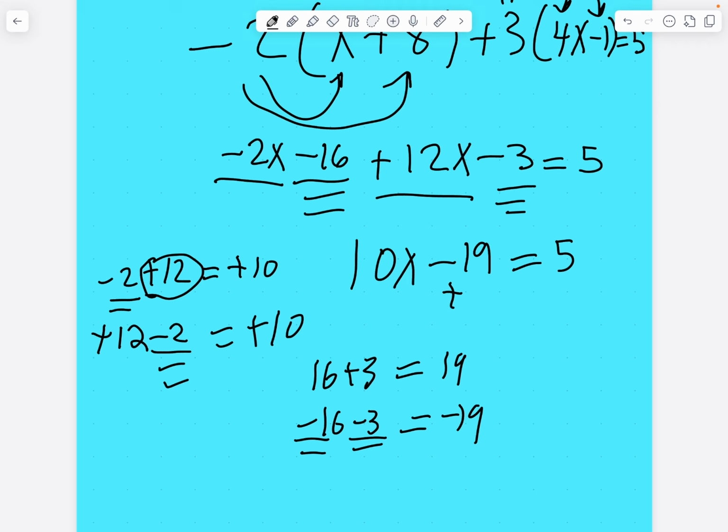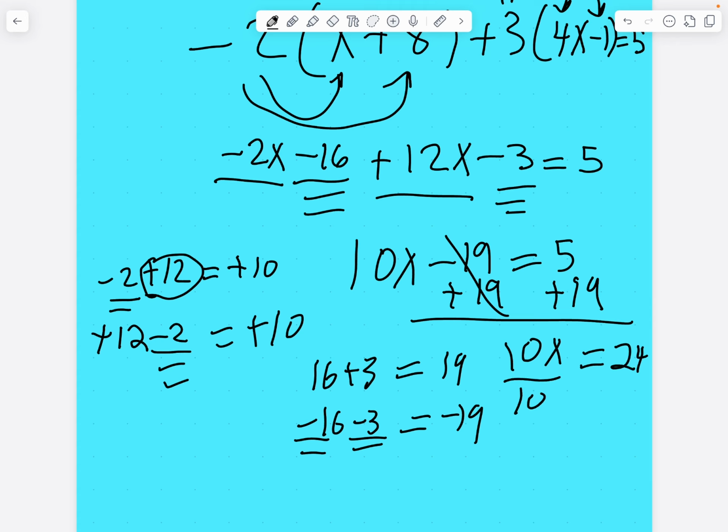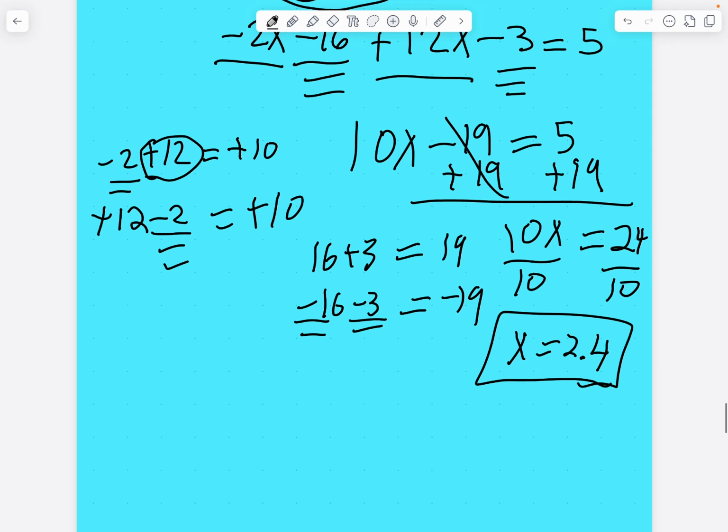So I'm going to add 19 on both sides to get rid of it. So now I have 10x equals 24. I'm going to divide both sides by 10 to know what x is specifically equal to. And I got 2.4. I've solved for x here just because I didn't have something like 2x to the second. That's a whole other thing. Those are quadratic formulas, which I'll make a video on a bit later.